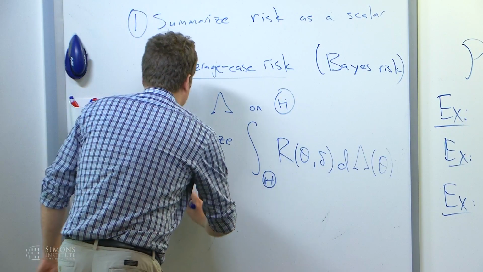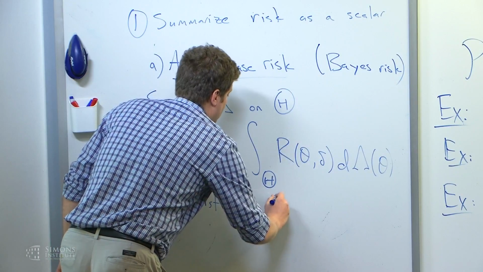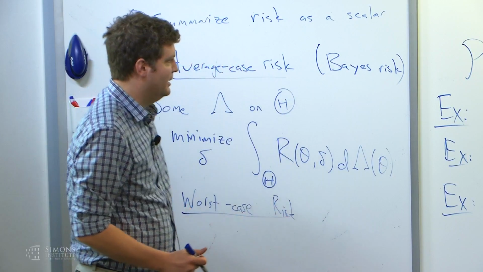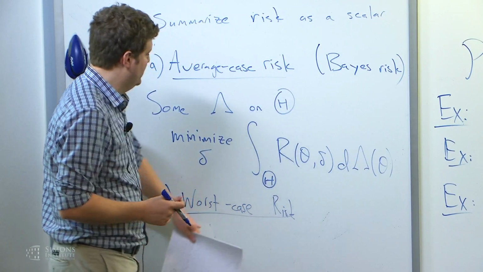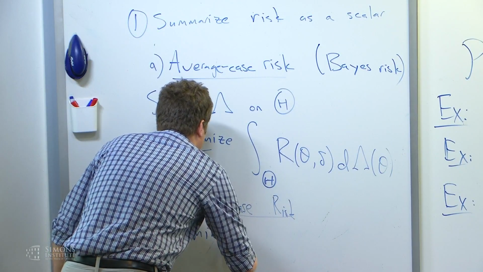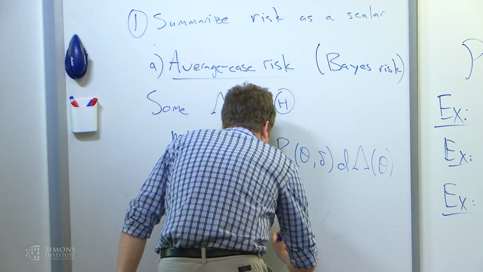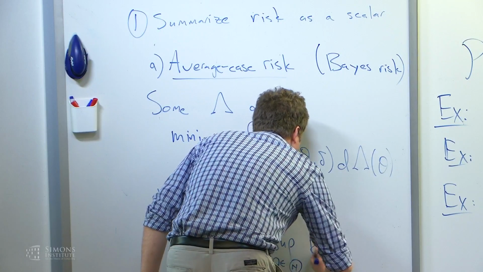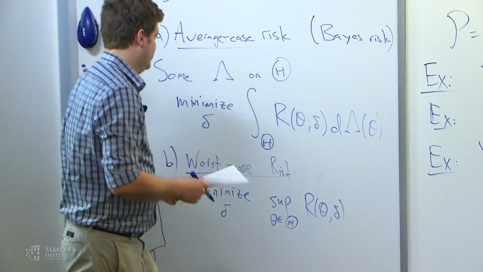The second way to summarize would be worst case risk. Best case risk is not really in play, because we choose some deterministic estimator, but worst case risk is pretty reasonable. So we try to minimize over delta the supremum over the whole parameter space of the risk function.